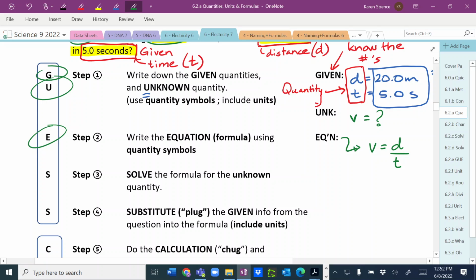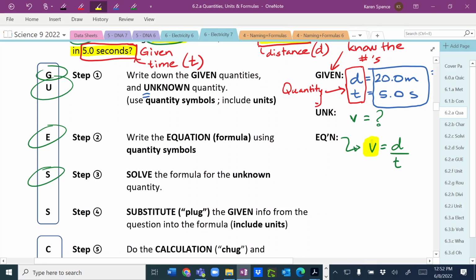So we have G is for given, U is for unknown, E is for writing the equation, and then next we get to S. S is for solve. Solve the formula for the unknown equation. Solving just means getting that variable by itself on the top on the left. Do we have our unknown on the top by itself on the left?